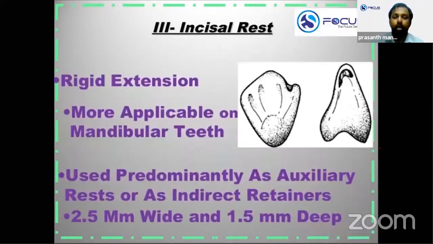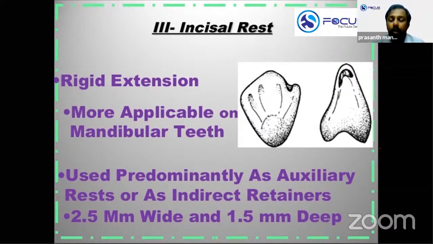Okay. Now, incisal rests are definitely rigid, and they are most commonly indicated in mandibular anterior teeth, mandibular incisors and mandibular canines. They are predominantly used as auxiliary rests, because we usually don't have clasp assemblies over the incisors.